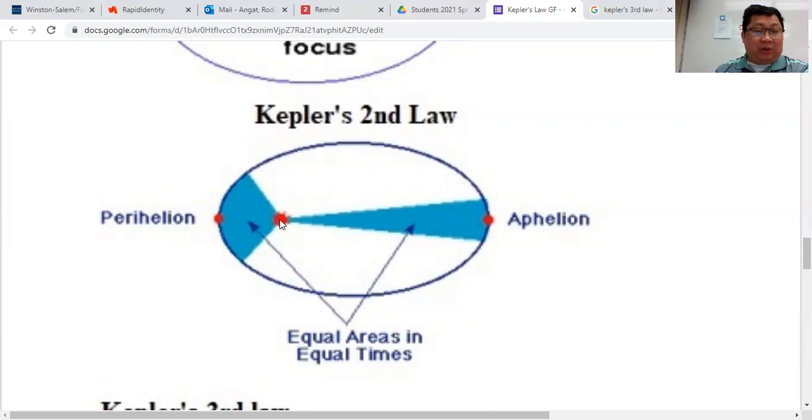Now, one thing that you have to remember about aphelion and perihelion is that during aphelion, when the Earth is farthest from the sun, it's actually summer in the United States. And when Earth is in the perihelion, or when it is closest to the sun, it is winter in the United States. That might be illogical, right?